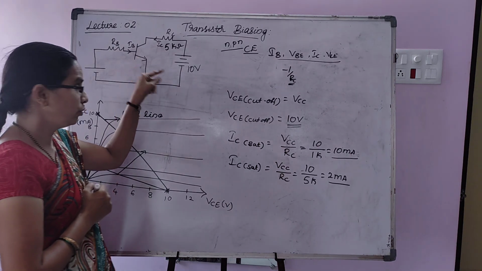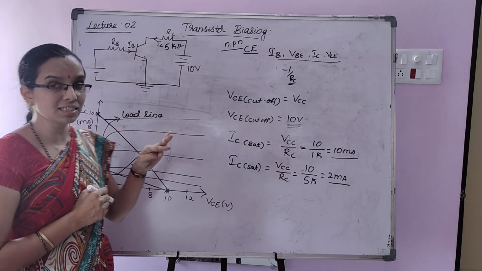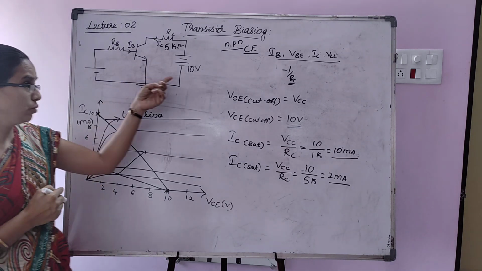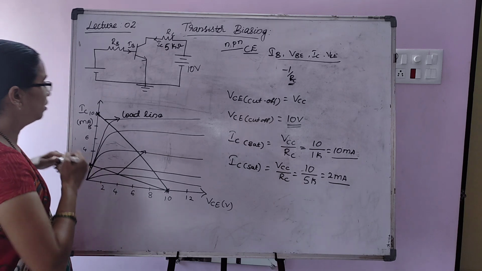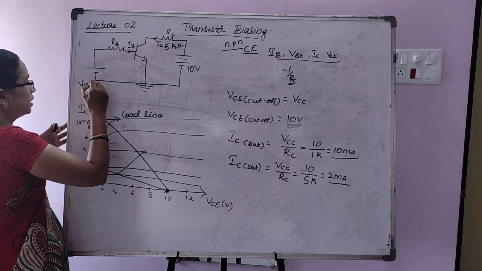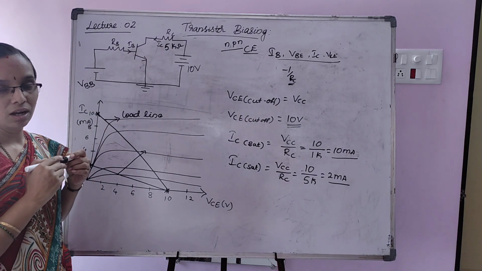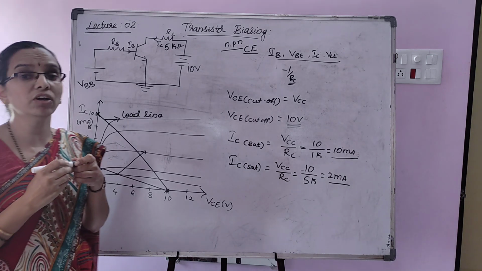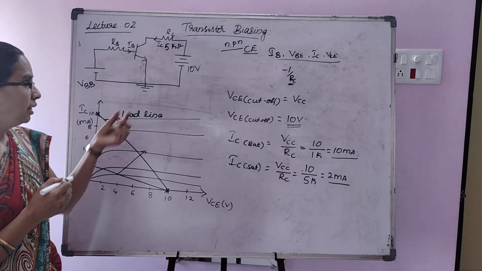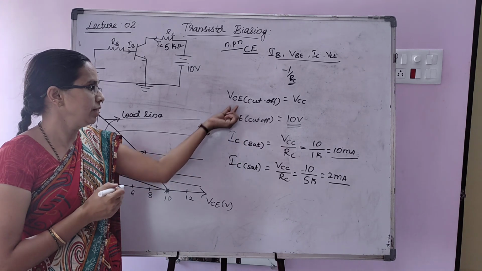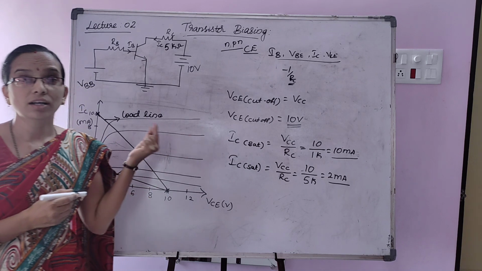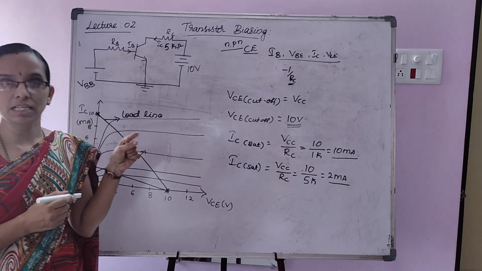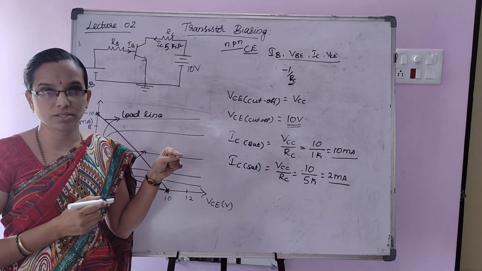For that we need to fix the values. In biasing steps, what do we need to set? We need to set the VCC, RC, RB and VBB values. By setting all these values as needed for the desired application, the points IC saturation and VCE cutoff will be decided. So we will get the endpoints of the DC load line as our desired values.